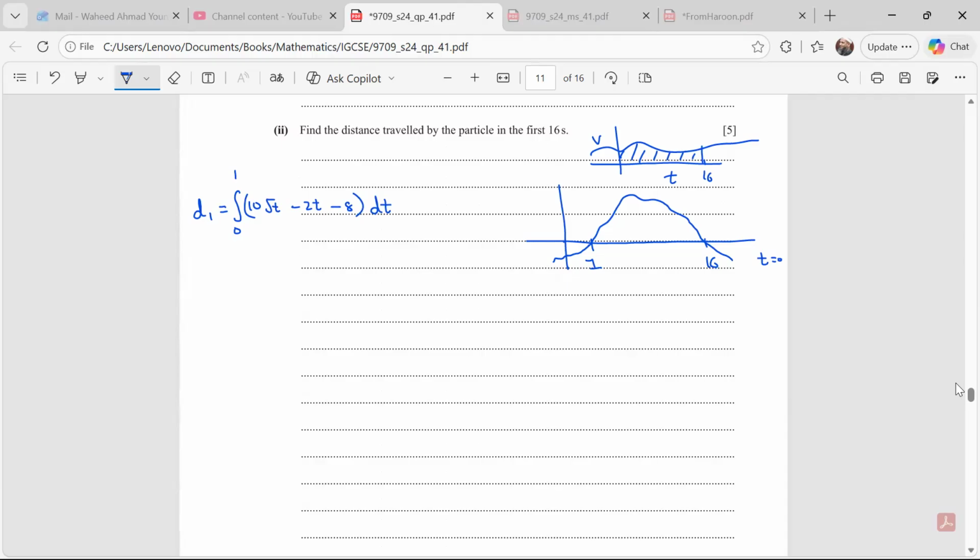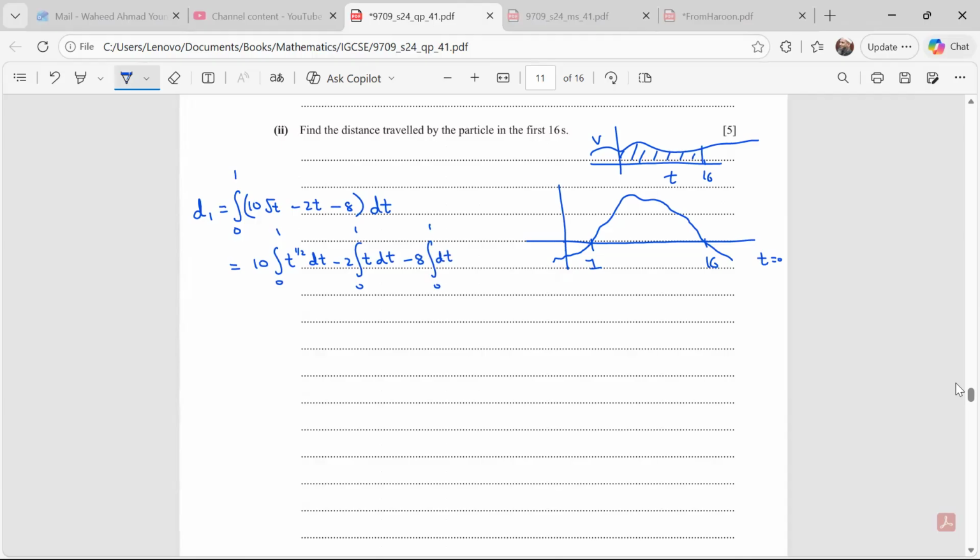Right? So let's try to find this integration first. It is 10 times the integral of t power half dt from 0 to 1, minus 2 times the integral of t dt from 0 to 1, minus 8 times the integral of dt from 0 to 1.